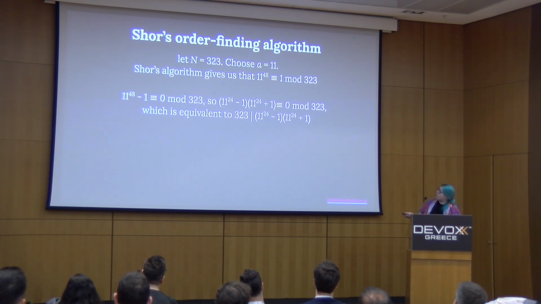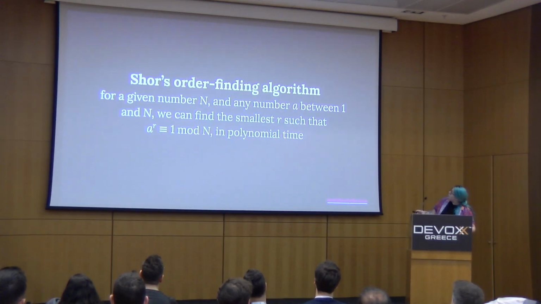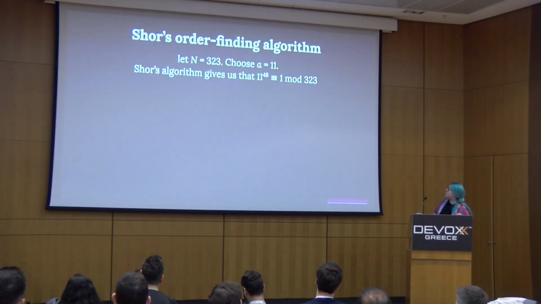So either 323 goes into this entirely, or it goes into this entirely, or there are two or more factors of 323 that are split between these two things, right? We know 323 doesn't divide this thing, or else we would have 11 to the 24 is 1 mod 323, and Shor's algorithm told us we can find the smallest r, 48 was the smallest.